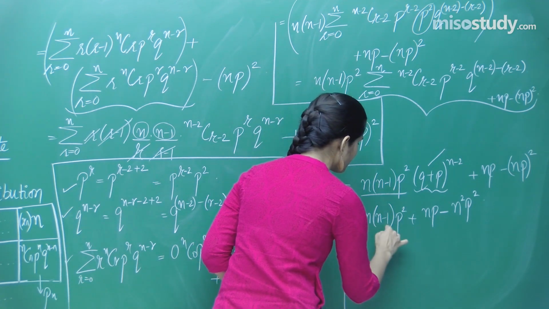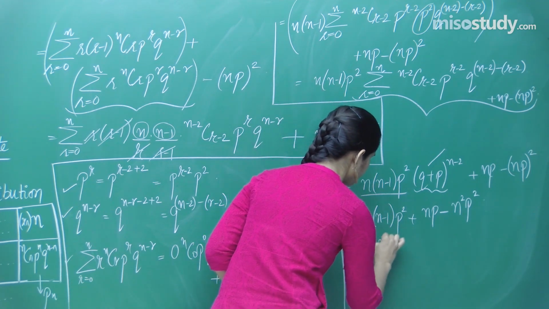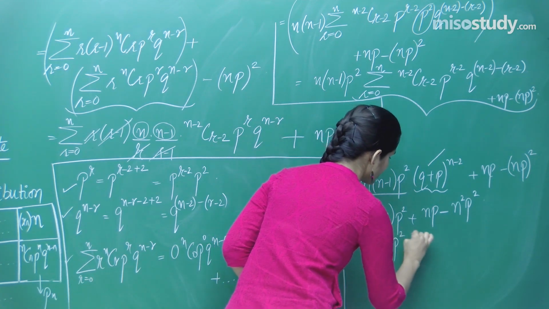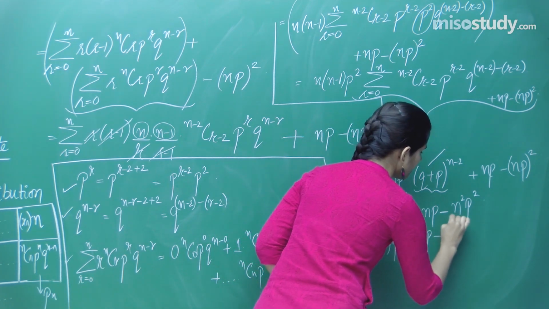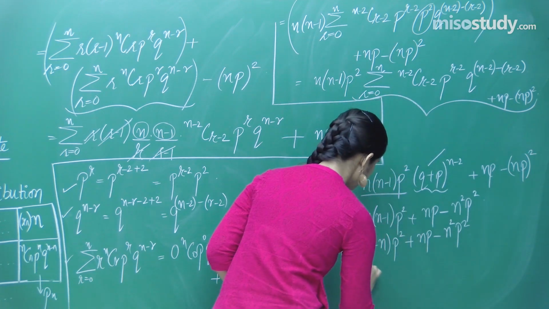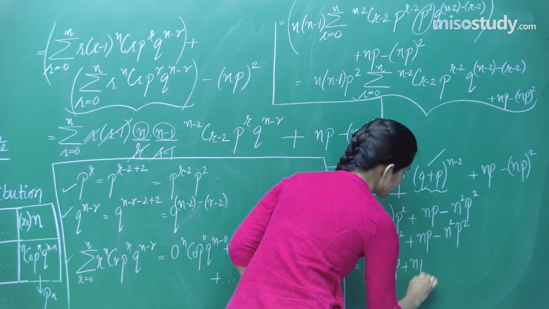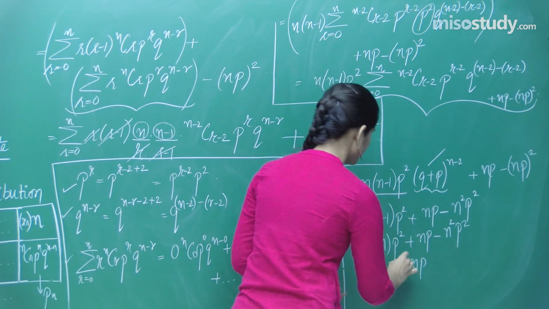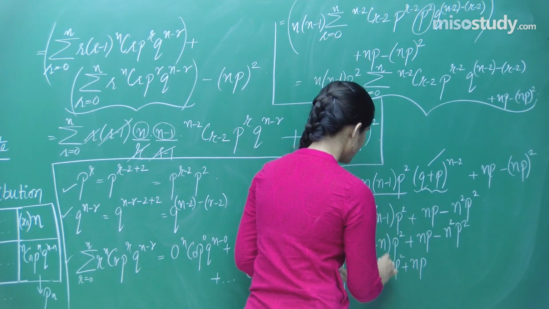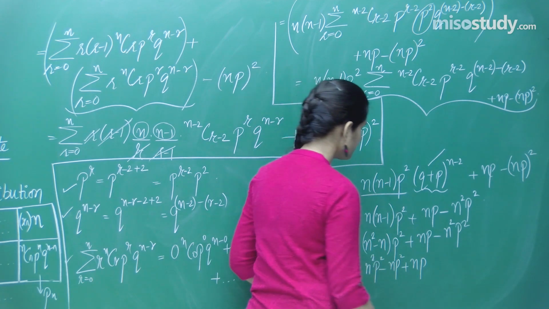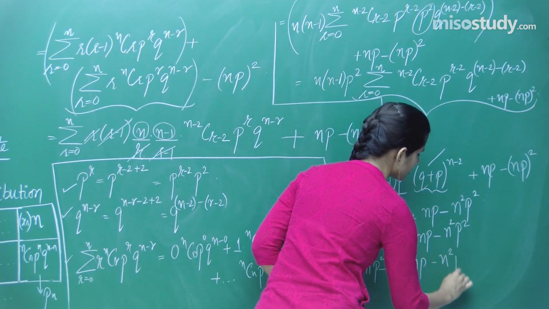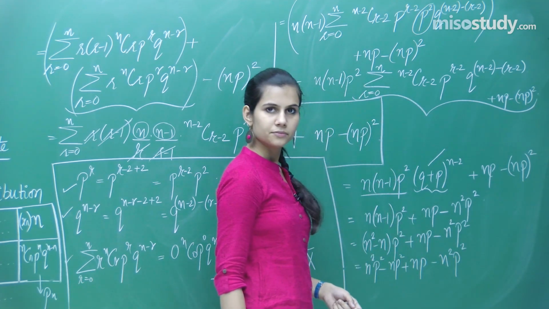Simplify, this is n square minus n into p square plus np minus n square p square. This is n square p square minus np square plus np minus n square p square.